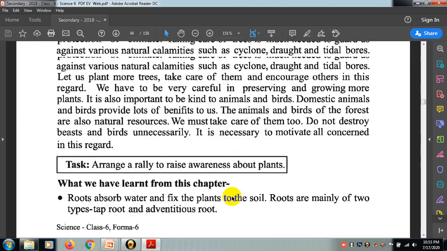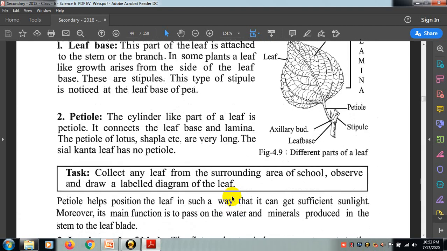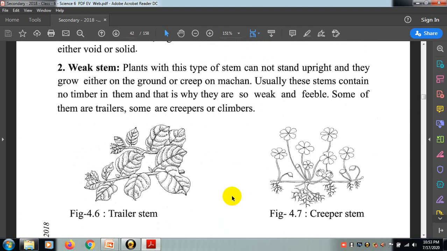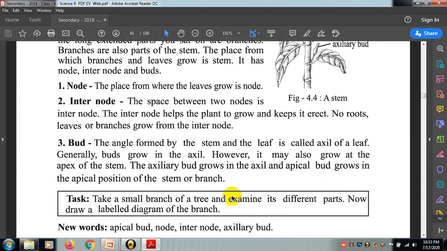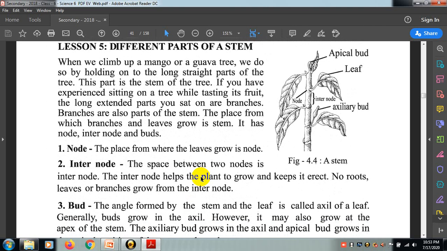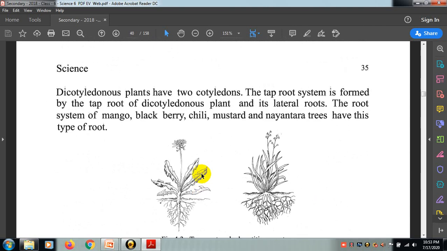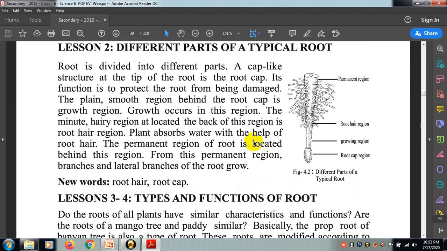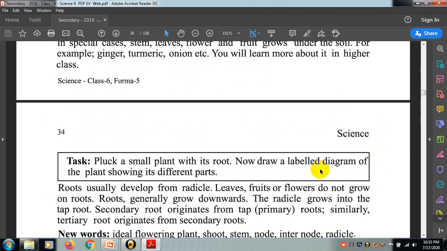Okay, so different types of leaves, stem, then see, it is also the stem, and this is root. Okay, so here see the pictures, different types of roots pictures here.